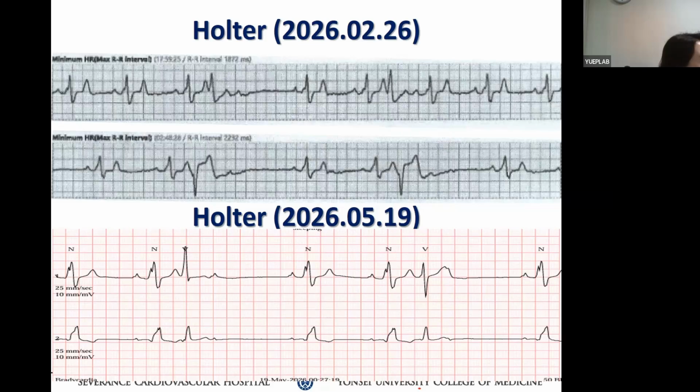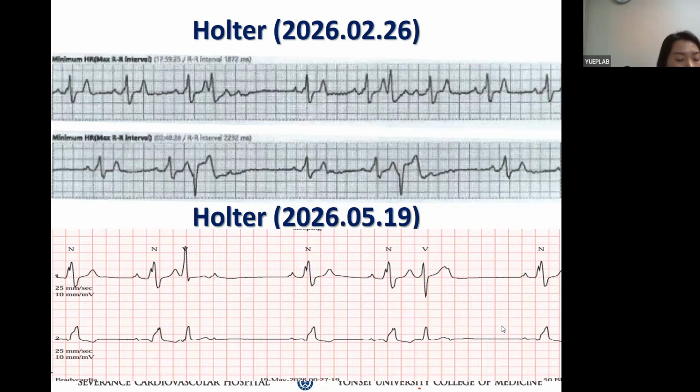And also, if you look at the bottom tracing, the PVC QRS morphology is similar, right? The axis is similar. Only the coupling interval is different, and the upper panel shows that it is very different. But I think it's the same focus.